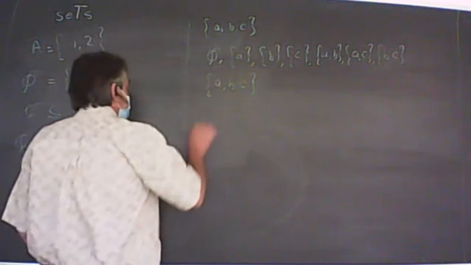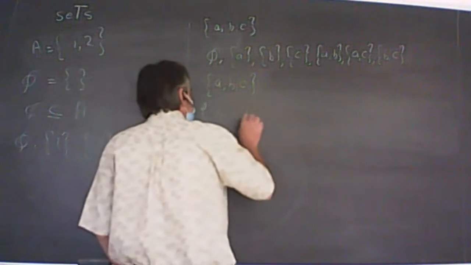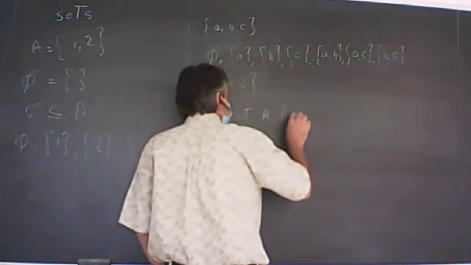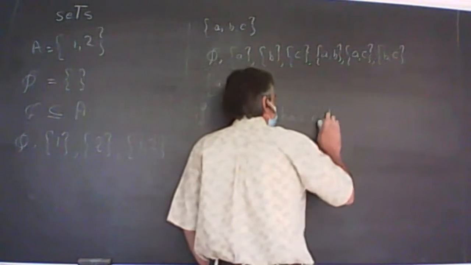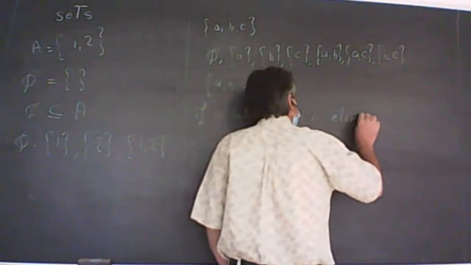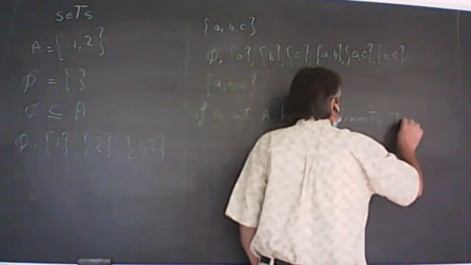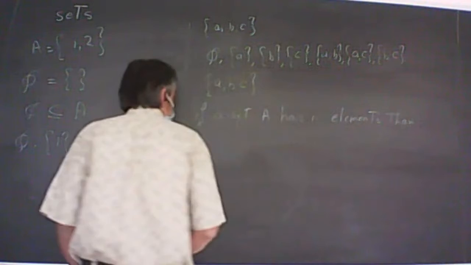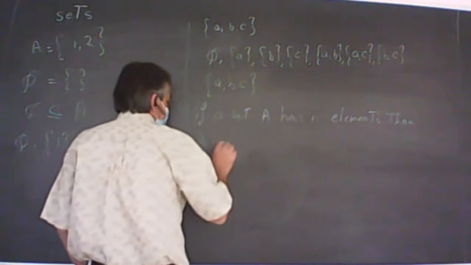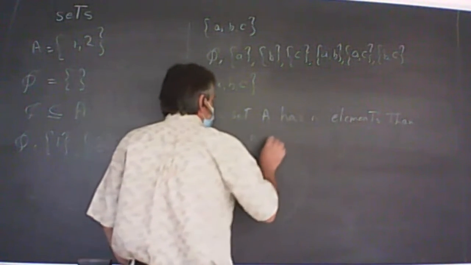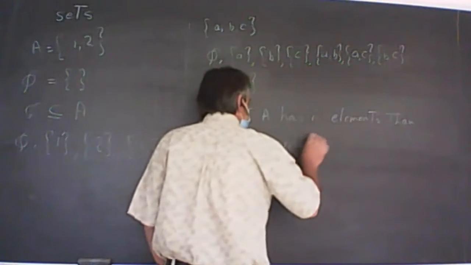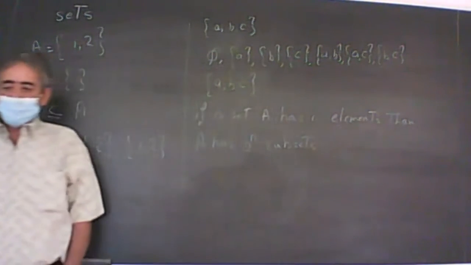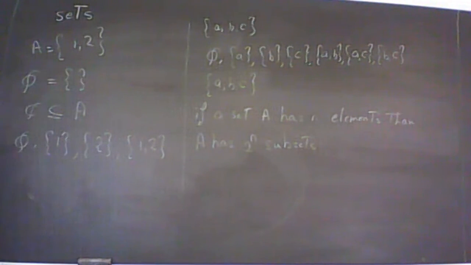So now, if a set A has n elements, then A has 2 to the power n subsets.